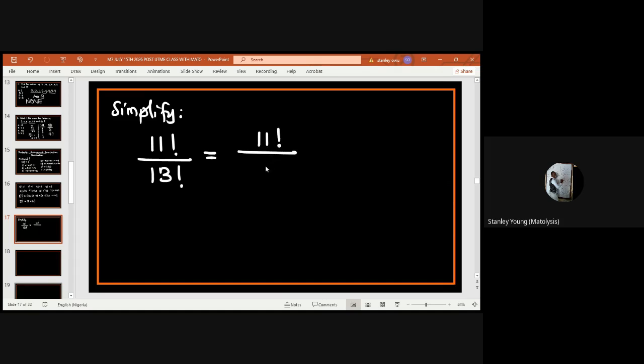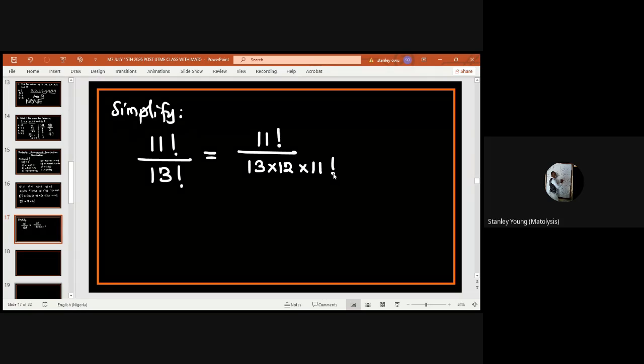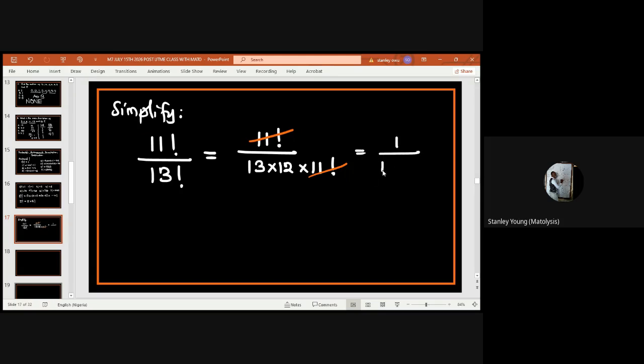Then I'll adjust the 13 factorial to 13 times 12, intentionally stopping at 11 factorial so that it can easily cancel the 11 factorial I have on top. So we end up having 1 on top divided by 13 times 12.